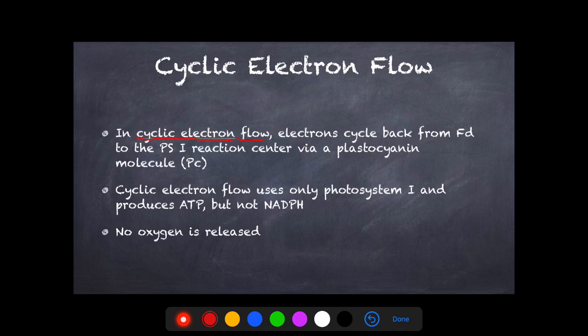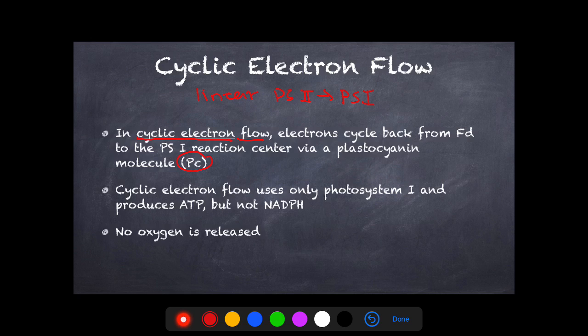This is when the electrons cycle back from FD, which is a protein, to photosystem 1 through something called the plastocyanin molecule, also known as PC. So remember, in linear, we went from PS2 to PS1.